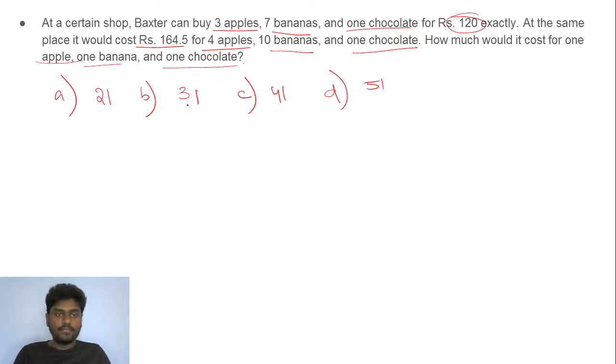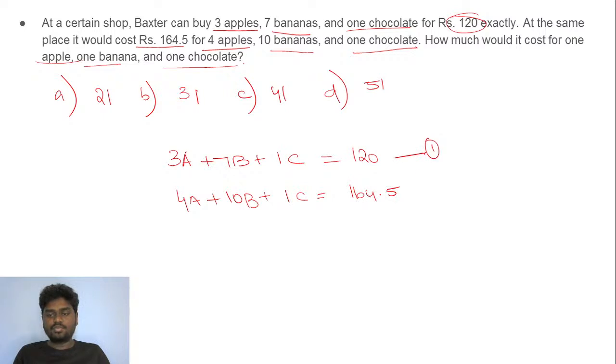Again, in a certain shop, Baxter can buy 3 apples plus 7 bananas plus 1 chocolate for rupees 120. In the same way, he has bought in the same place 4 apples plus 10 bananas plus 1 chocolate for 164.5.